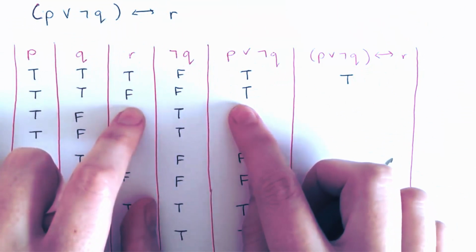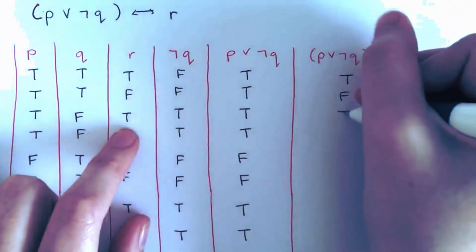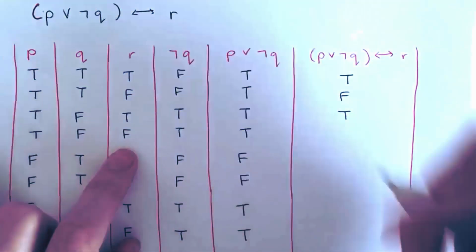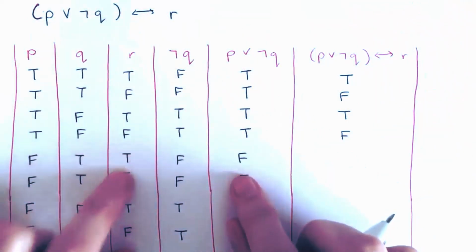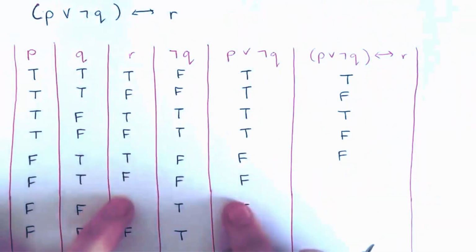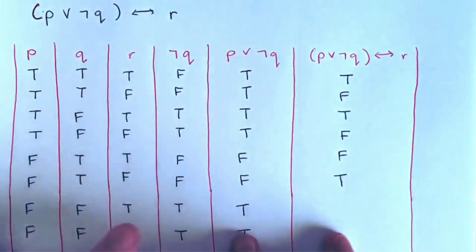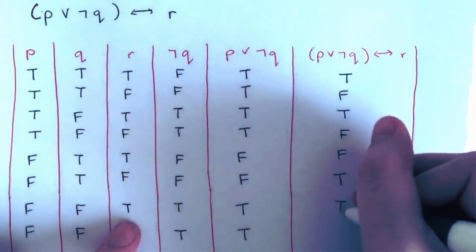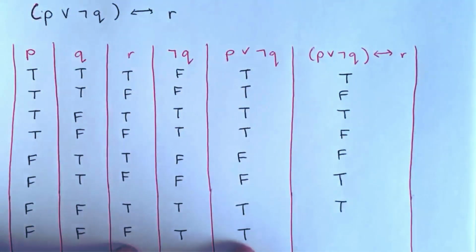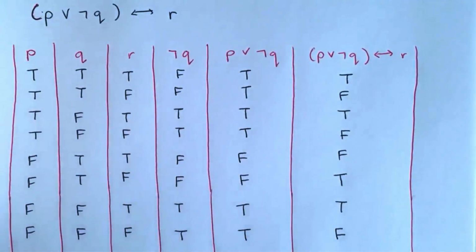We've got P or not Q, and only if R. So by this, we got a P or not Q column, so we got our column here. So if and only if, what we want is just a double true or a double false. If it's anything else, then it's going to be false. So a double true: we've got a true, true, and a false, that's a false.